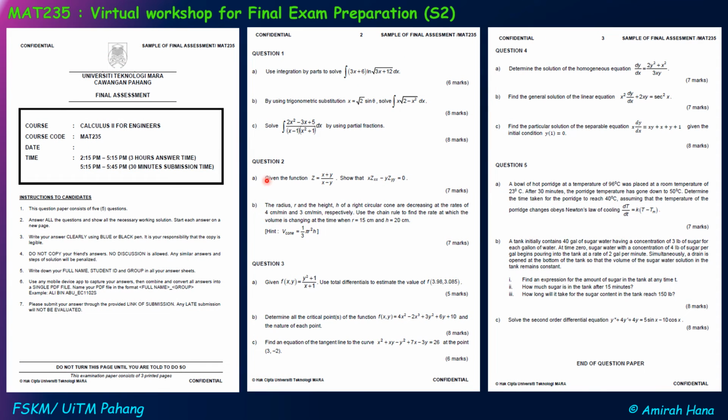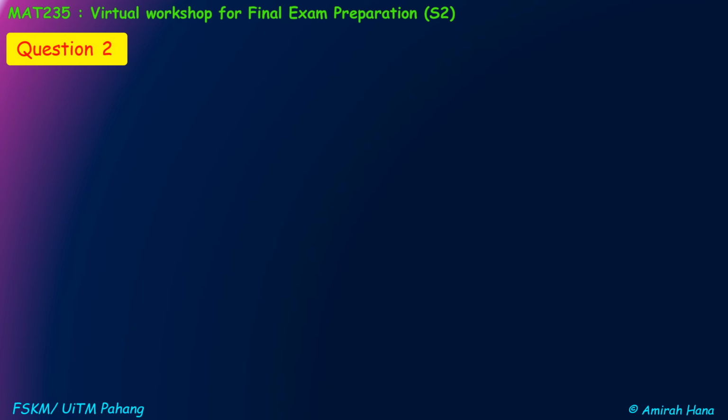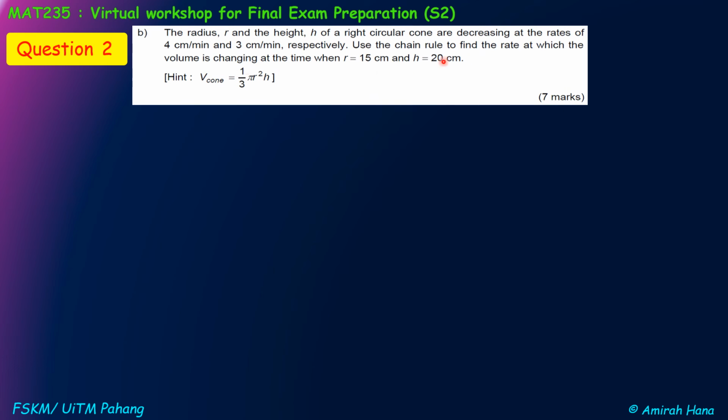Next, we continue with question 2b. Question 2b, this is the given question. Now we look at the solution. We check one by one. The radius r and the height h of a right circular cone are decreasing at the rates of 4 cm per min and 3 cm per min respectively.